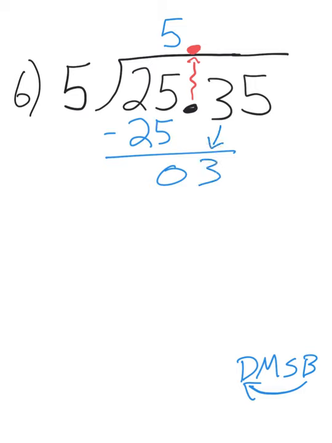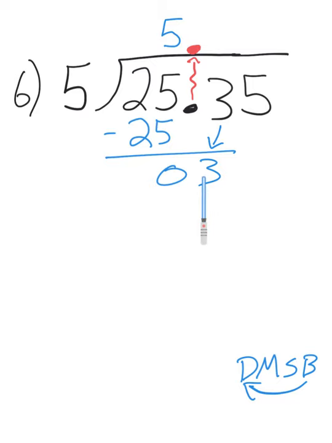Now this is a spot where some people make a lot of mistakes. Some people bring down a number and they think it's too small. So instead of doing bring down and divide, they bring down and then they try to bring down again. You can't do that. You can't change the steps around. So we brought down, we divide.